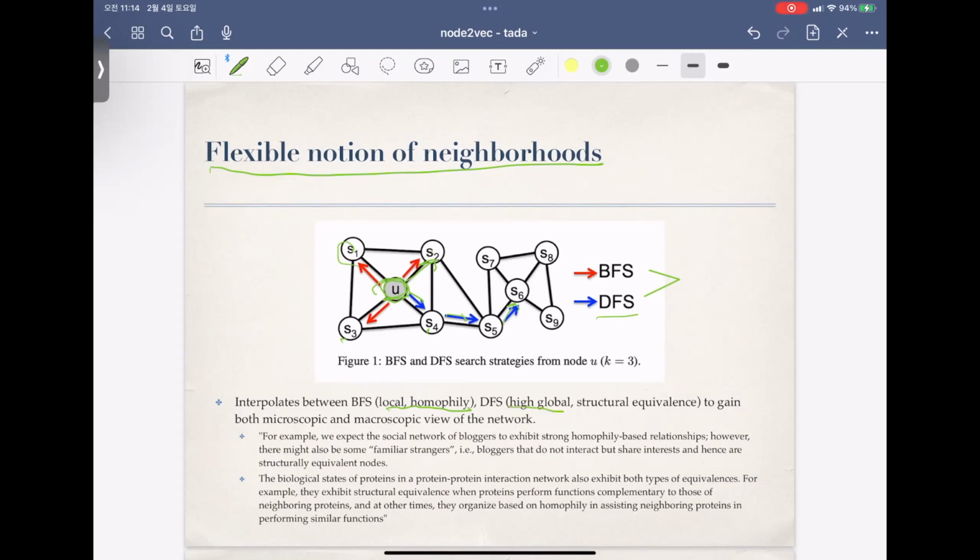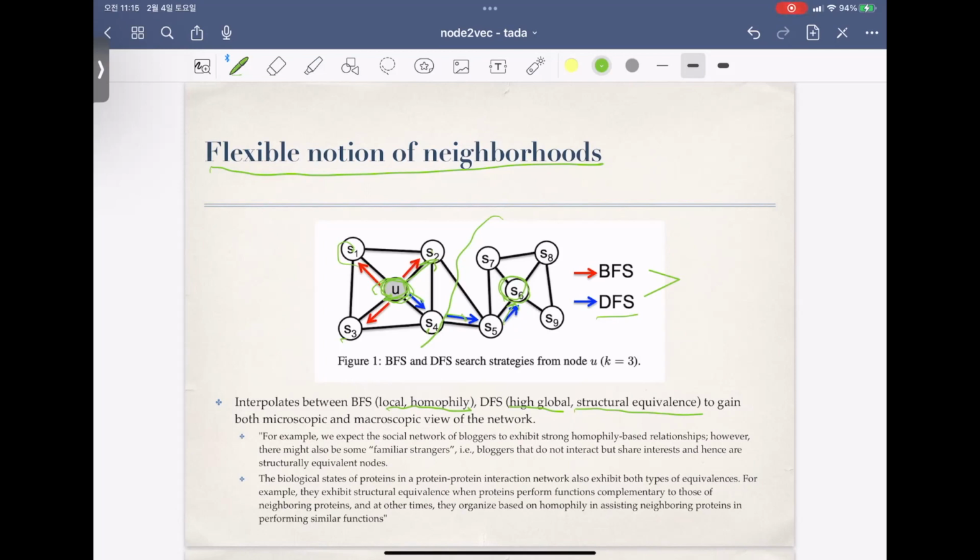And if you look at the subgraph, if we divide the whole graph into two, you can see how node U and S6 have a sort of structural equivalence in positioning. So that's the characteristic of DFS. And each of them captures the microscopic and macroscopic view of the network. So this is quite important in real life cases.